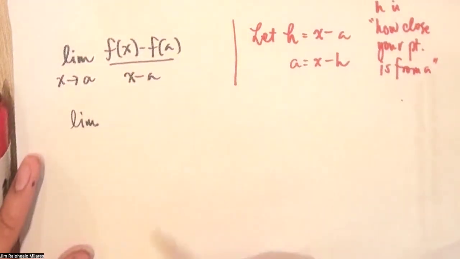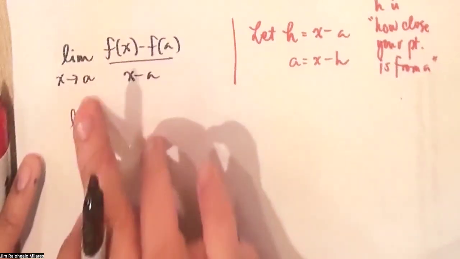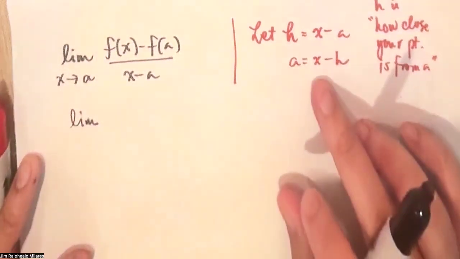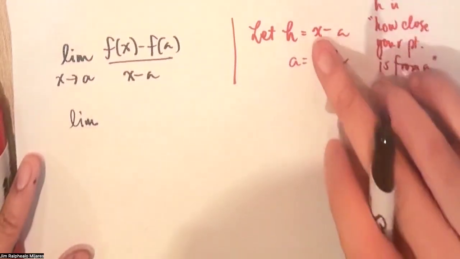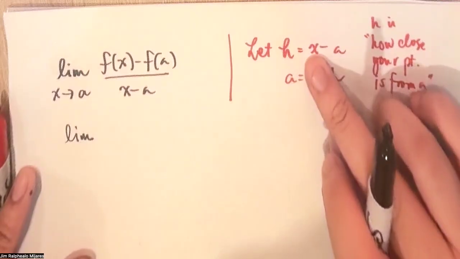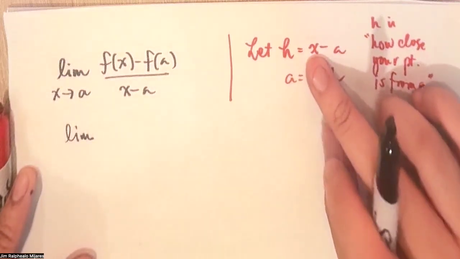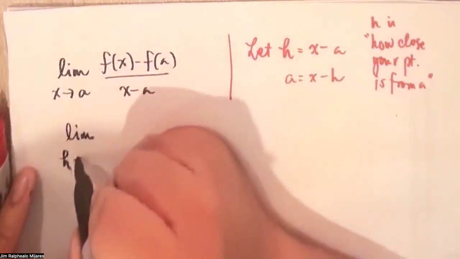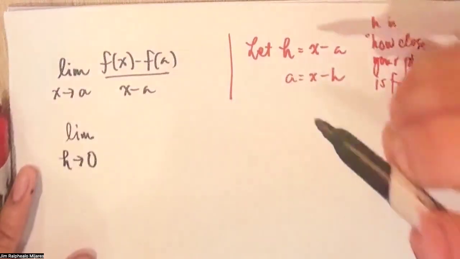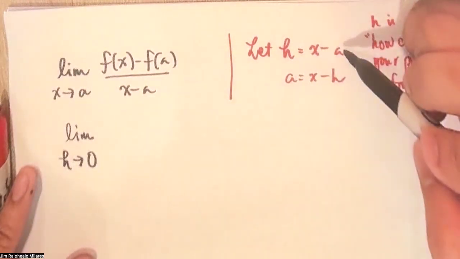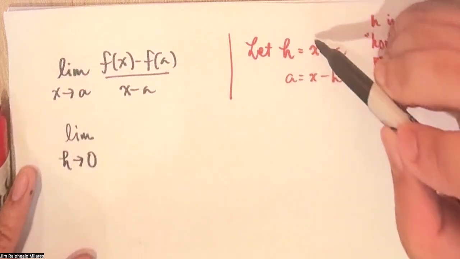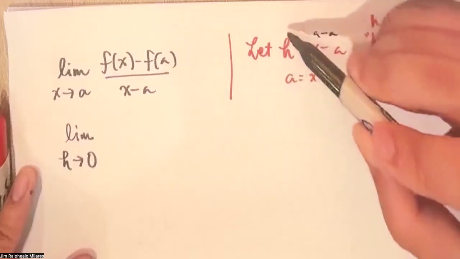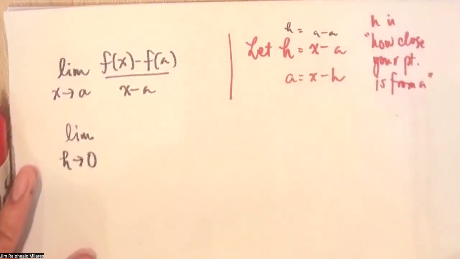If x approaches a, that is the same as h approaching 0. Because if h equals x minus a, and x approaches a, this becomes a minus a. So at that point, h is a minus a, which is 0.